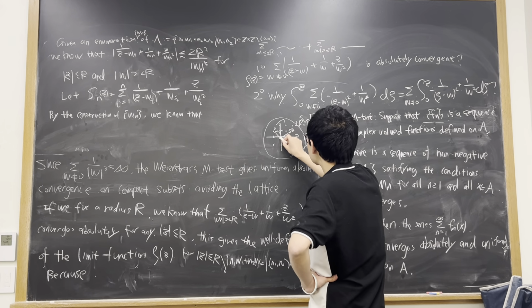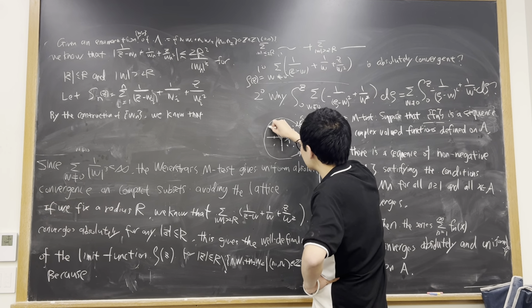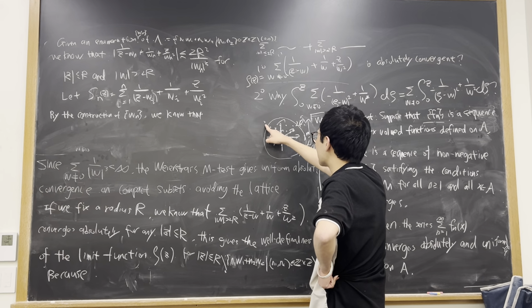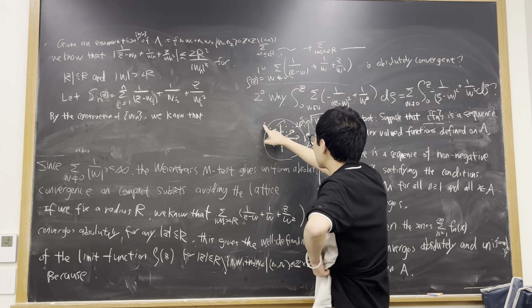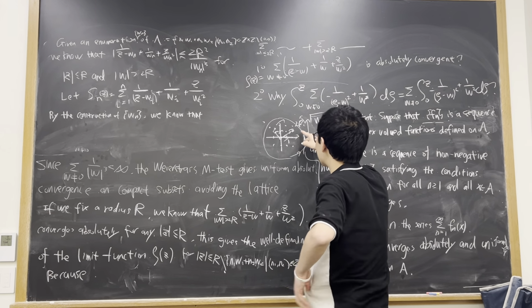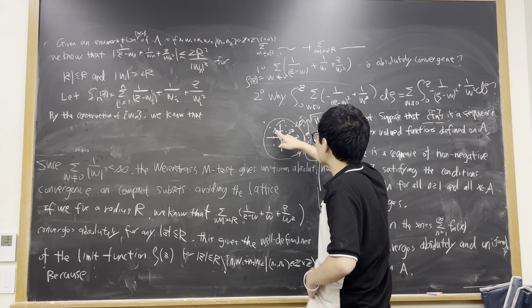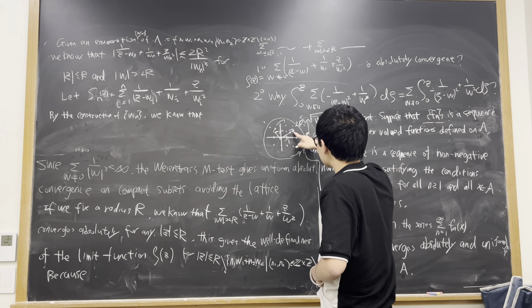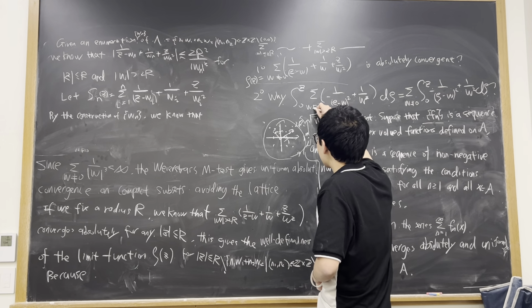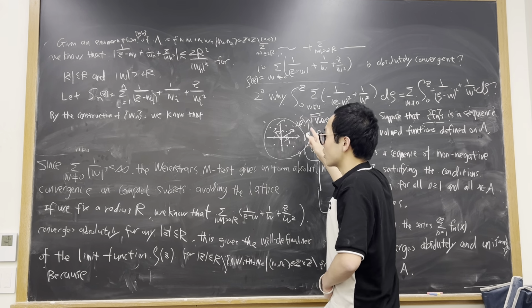However, we also need this direction to get away from the radius 2r, so maybe here it may take 3 steps. So maybe we choose n to be the maximum of these two. When we take the maximum, the shorter one is outside the radius 2r, and the longer one is also outside the radius 2r. And at this stage, every point will be outside this disk of radius 2r.